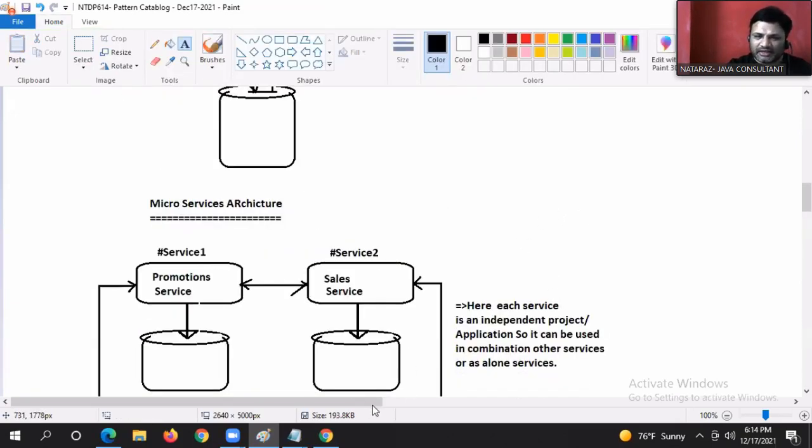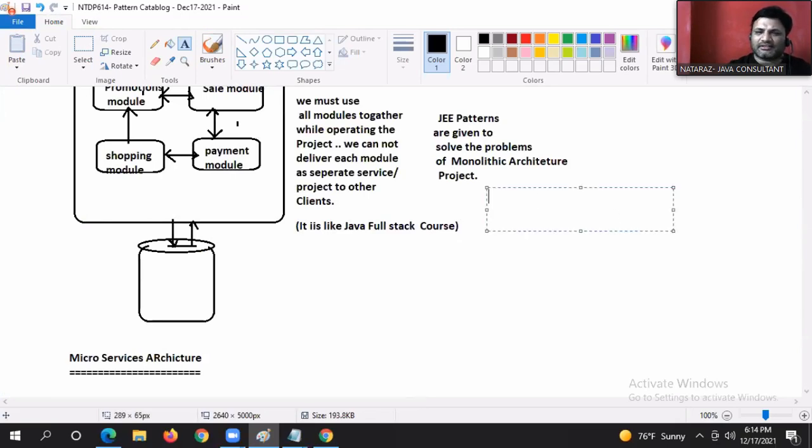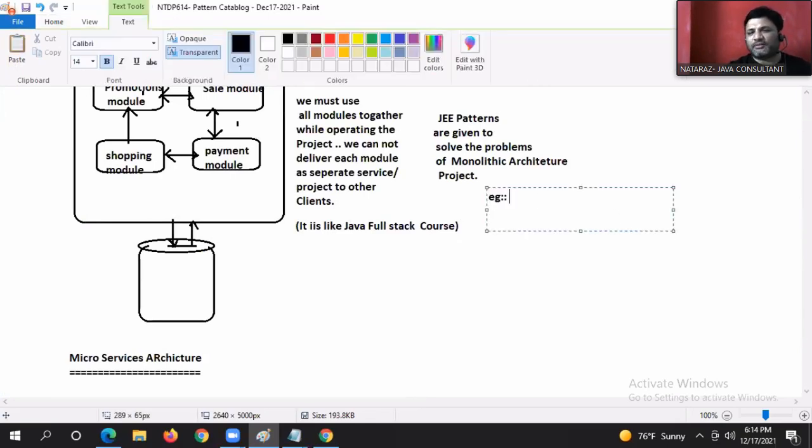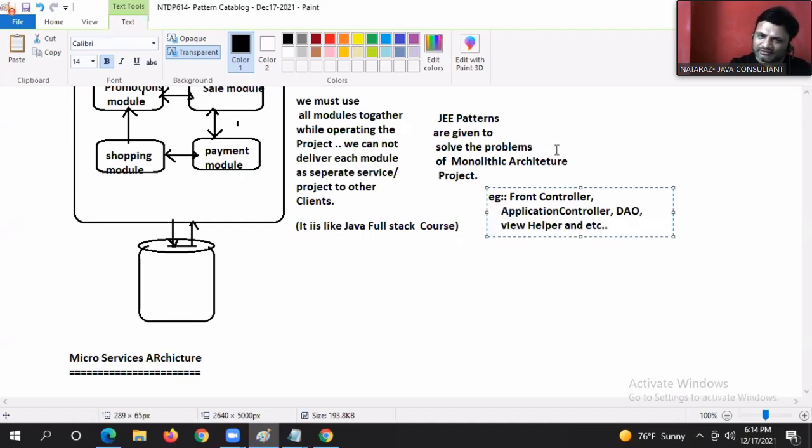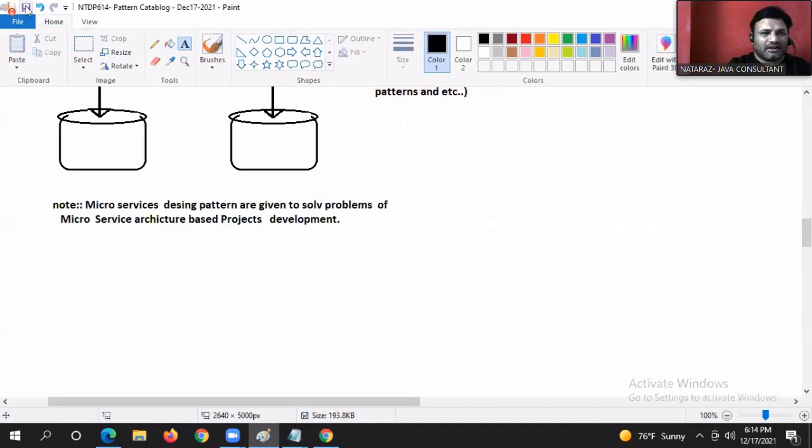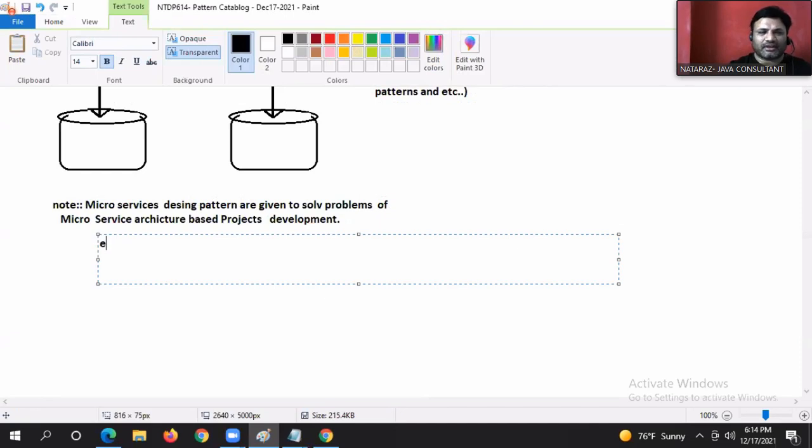Understanding? Tell me example for JWE patterns, guys. Examples for JWE patterns are what? Front controller, application controller. Yesterday I have given, again I am giving. DAO, view helper, and etc. Okay, guys. Now tell me here, what are the microservice design patterns?